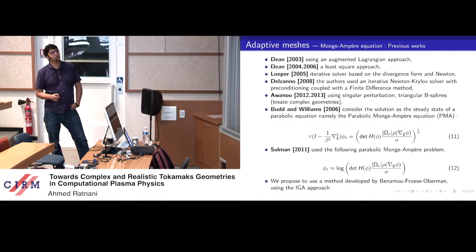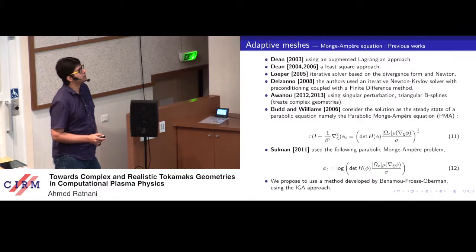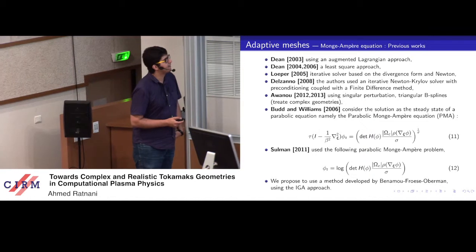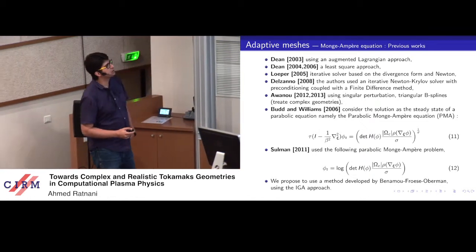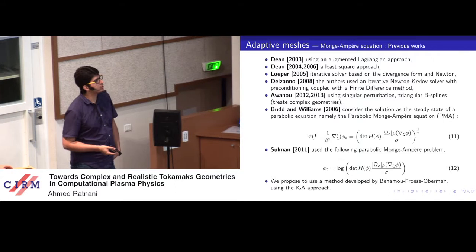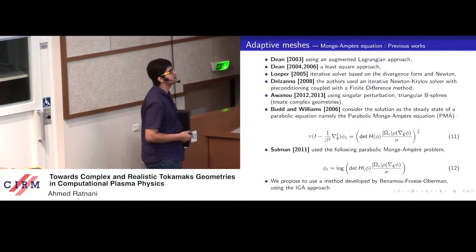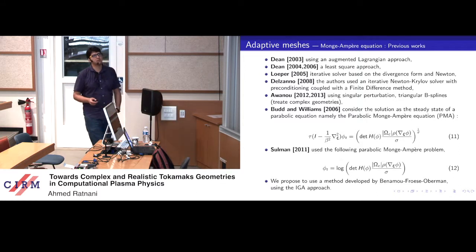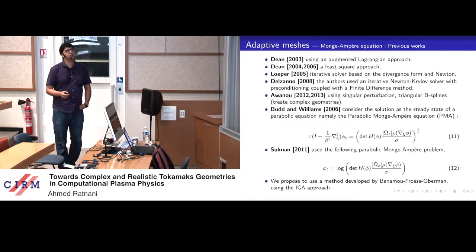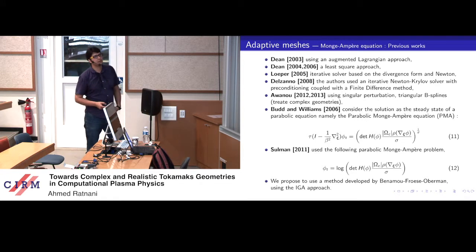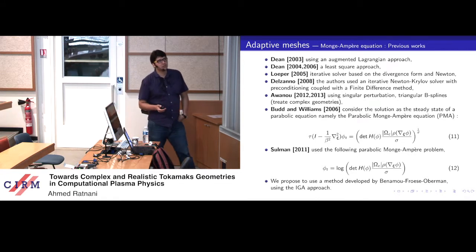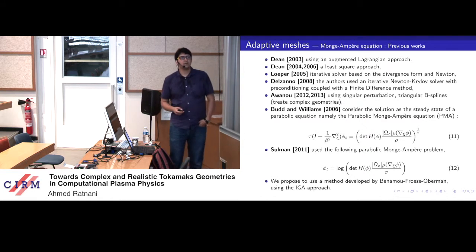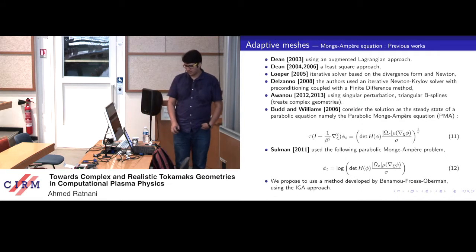There's also the work by Awanu, who's using triangular Bézier splines, so he can treat complex geometries. Another approach also is to consider the Monge-Ampère problem as the steady state of a parabolic equation, which is the parabolic Monge-Ampère equation. So you have two versions here, the one by Budd and Williams and the other by Sulman. So we propose to use the method developed by Benamou, Froese, Oberman, and use the isogeometric analysis setting.